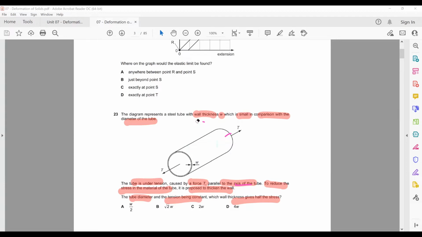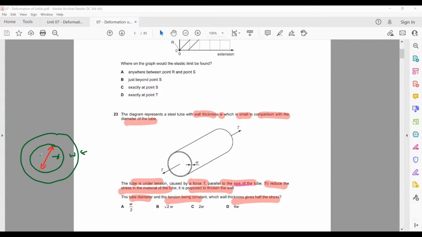Now you may be thinking that if you just look at the tube by itself, this is how it looks like, where this one is W, and your diameter is probably two different parts.